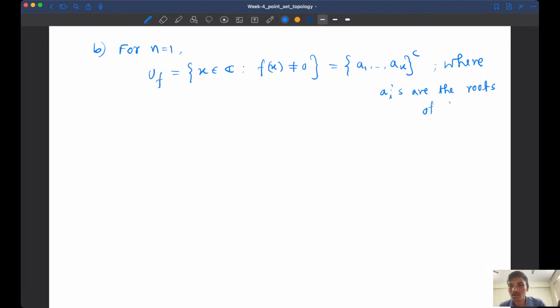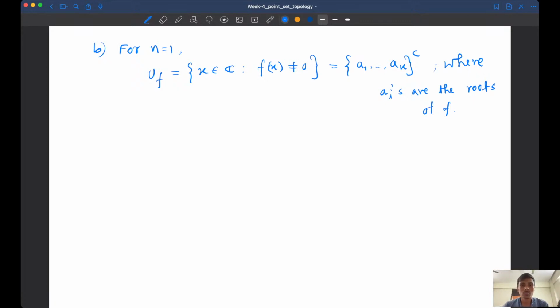By the fundamental theorem of algebra, f has finitely many roots, and the number of roots is exactly the degree of f.